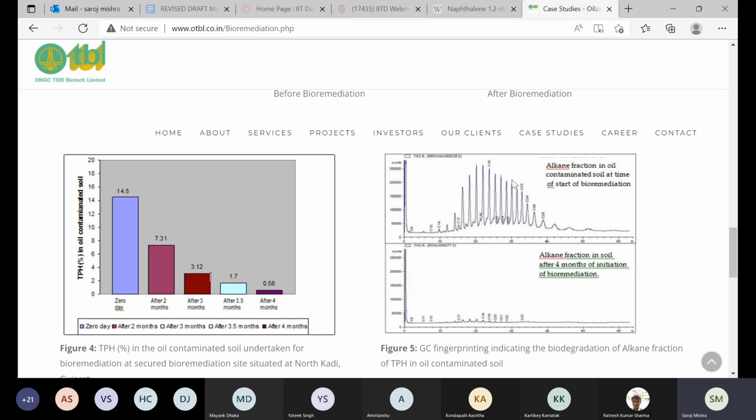So it is very rich in these alkanes, which are linear hydrocarbons. And now the same scenario in the soil after 4 months of initiating the bioremediation process. You see that all these have completely gone away from the soil, and that is also reflected in the actual number which you see here. But in the GC fingerprinting, you see exactly the same pattern.